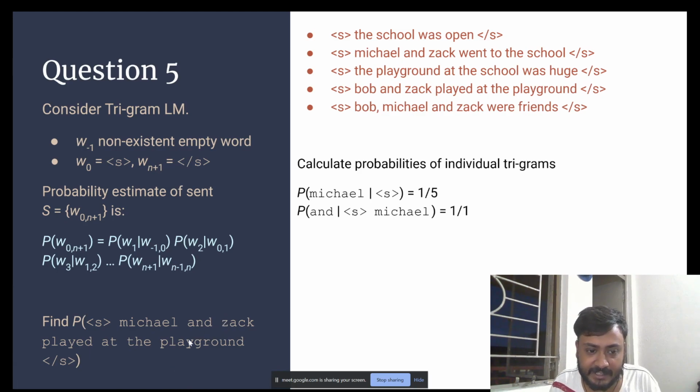The next is Zach given Michael and. So what is the probability? If anybody can mention it, so that you also participate in this. Probability of Zach given Michael and.